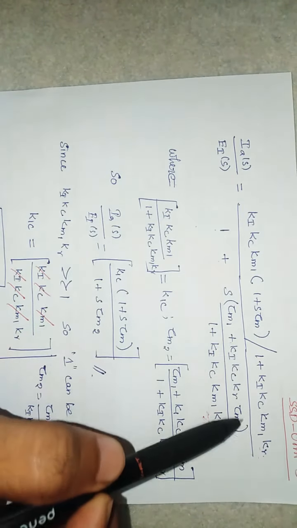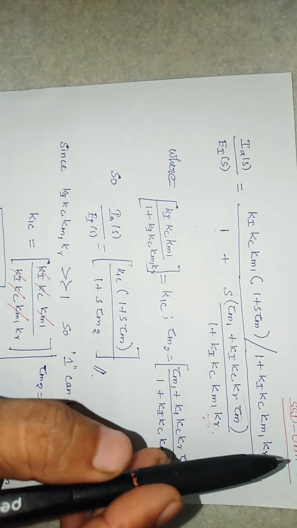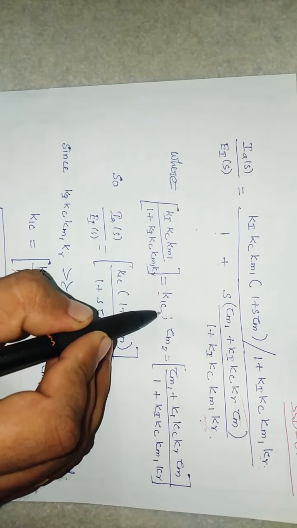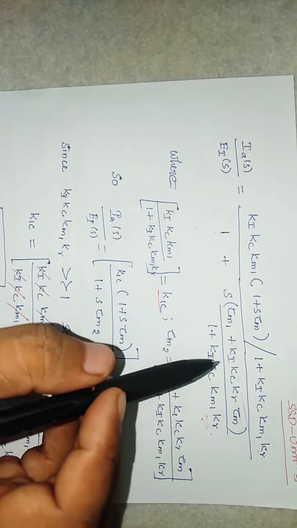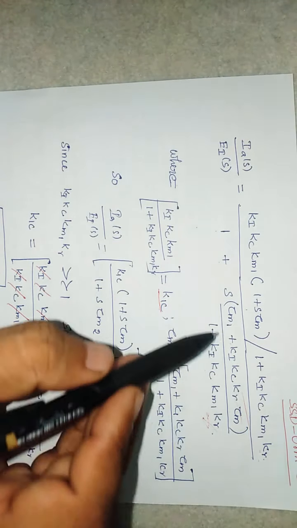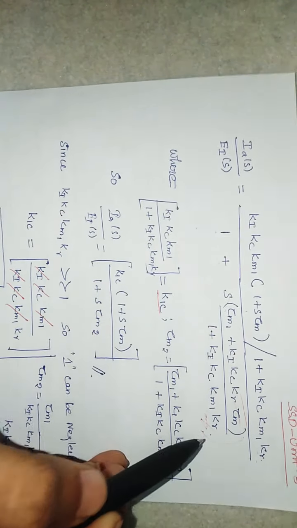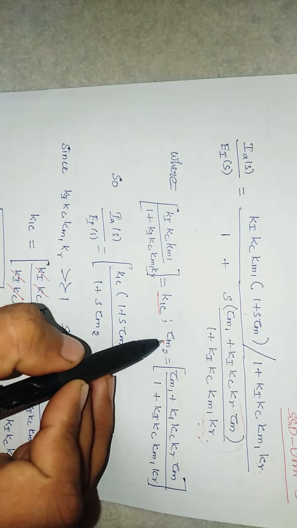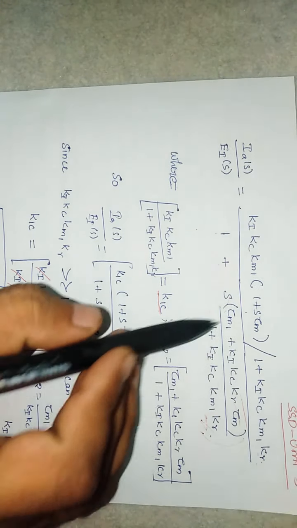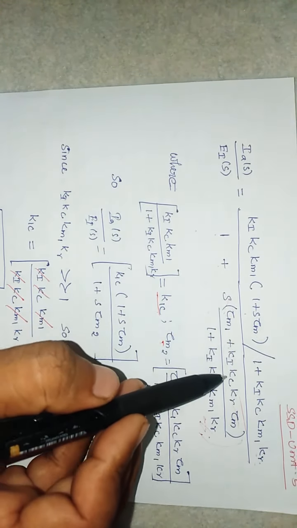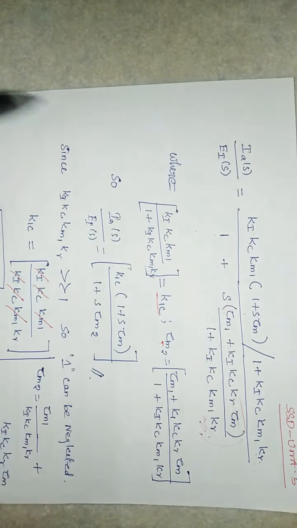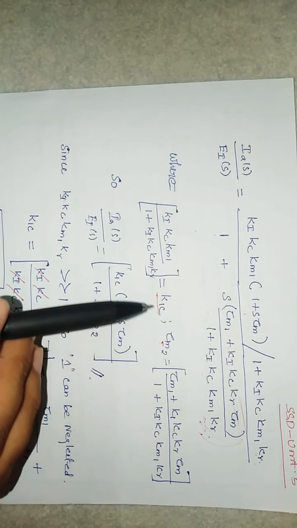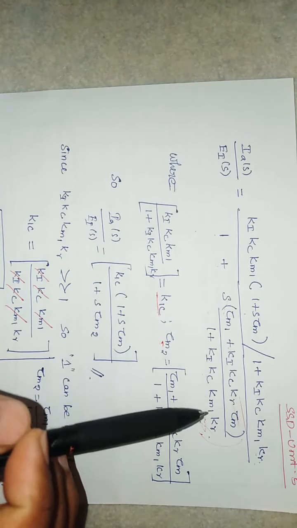So these gain values we can simply take as the gain value Kic, and the remaining term in the denominator, this term, will be termed as tau m2, equal to tau m1 plus Ki Kc Kr tau m divided by 1 plus Ki Kc Km1 Kr. So just for the simplification we are making this rearrangement.